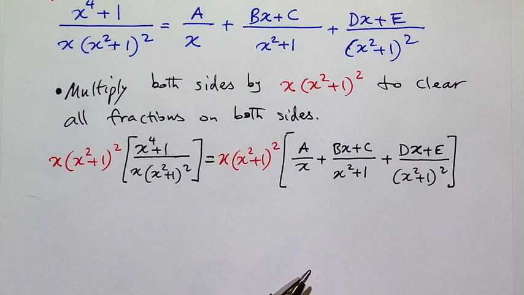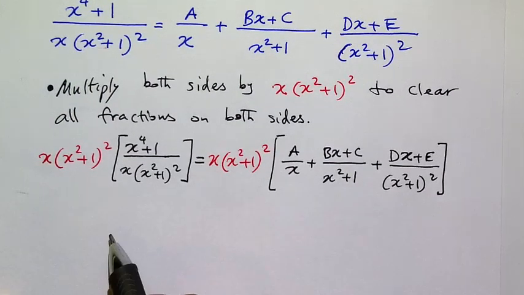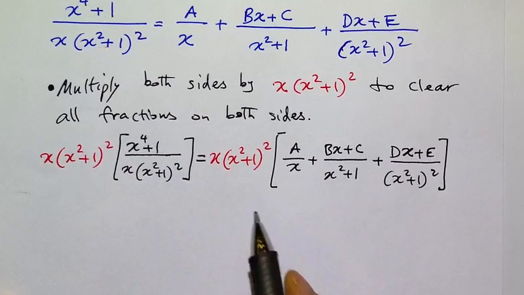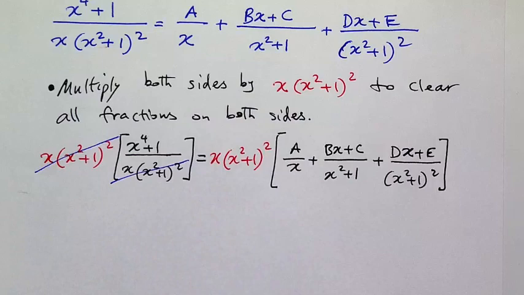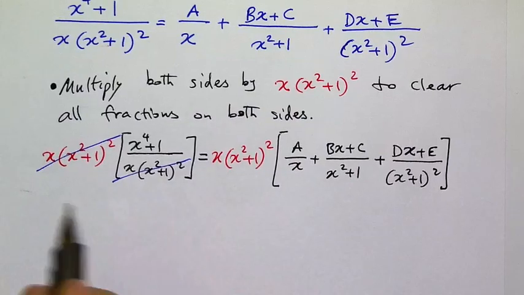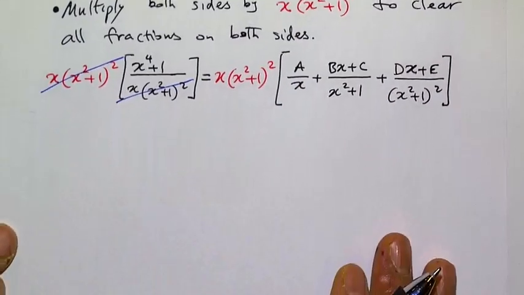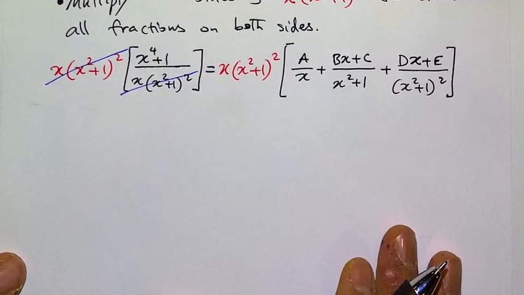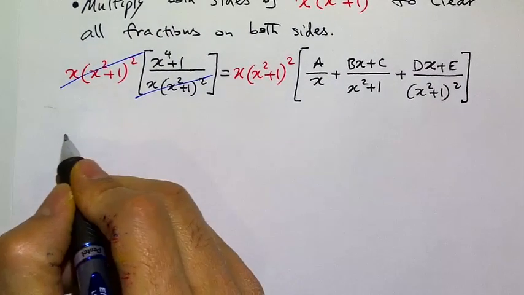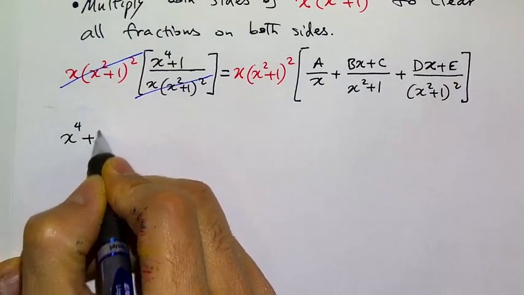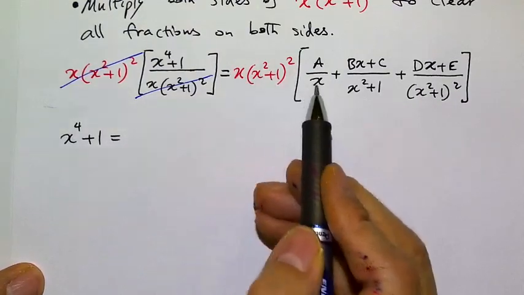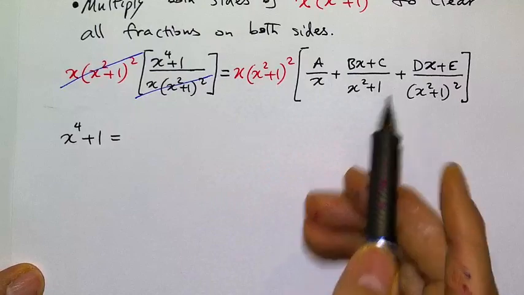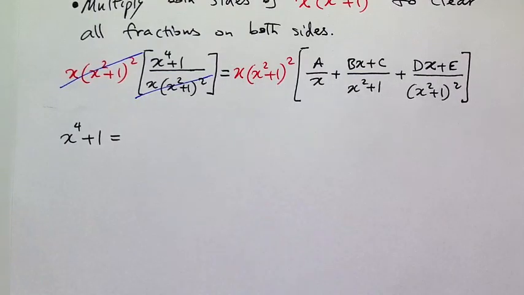So let's simplify. We've done that several times. We know exactly how it's done. So all of this and all of this cancel out very nicely. On the left, we end up with a very nice and easy expression, which is x to the 4th plus 1 equals. Now on the right, I'm going to distribute this to each fraction first, then simplify.